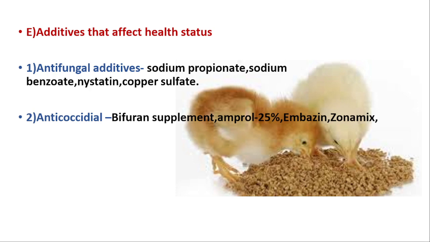The next additive which affects health status is the anticoccidial. An anticoccidial is a drug used to control coccidial infection, a parasitic disease caused by microscopic protozoan organisms known as coccidia. That means that to avoid infection or contamination by this protozoan coccidia, we use anticoccidial drugs.